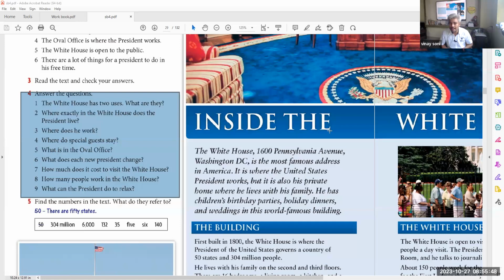Where exactly in the White House does the president live? He lives in the Oval Office. No. He lives on the second and third floor. It's clearly written now. And you said that as well. Where exactly in the White House does the president live? He lives on the second and third floors. Okay. And where does he work?